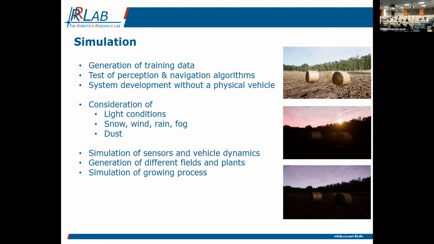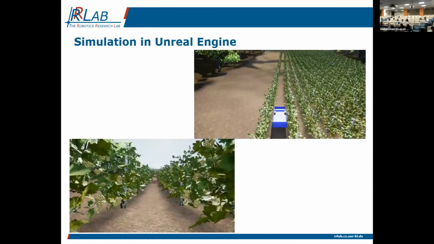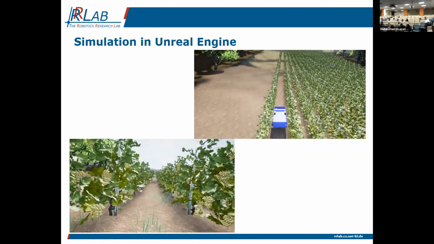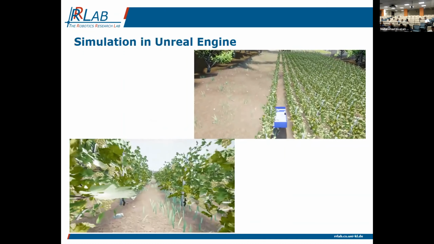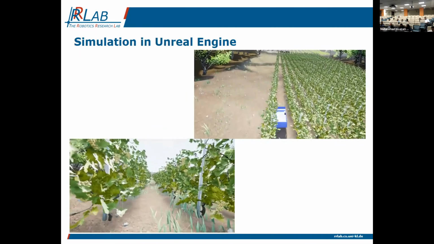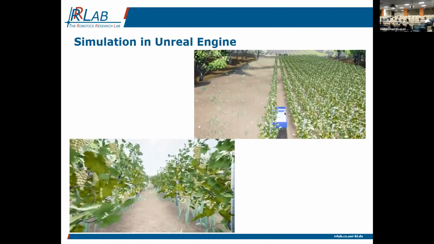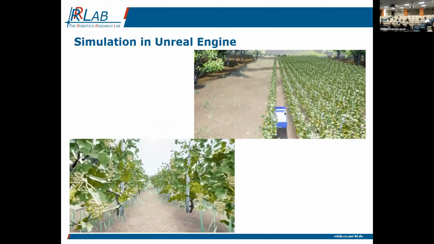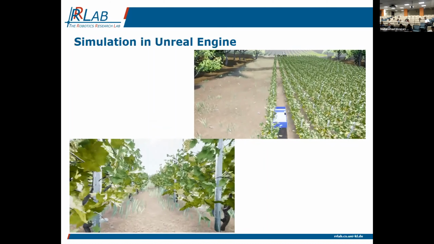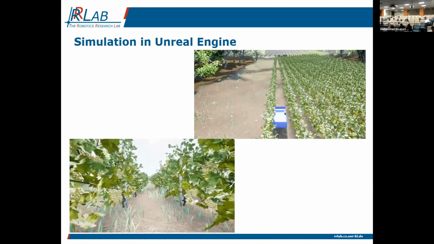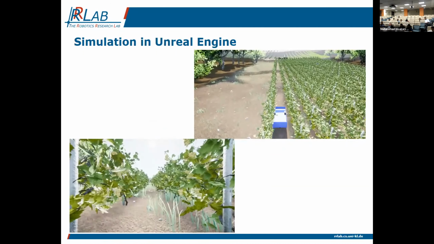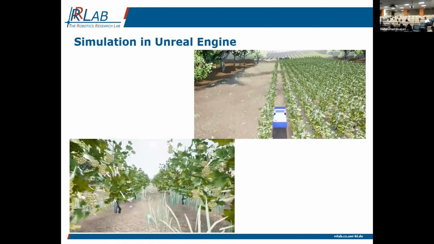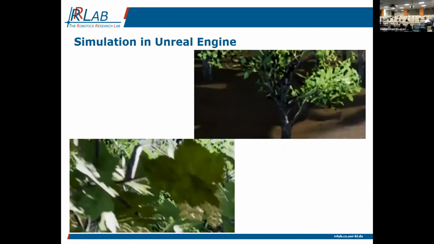So we start in parallel with the simulation, and here we have two short videos of the simulation, where you can see the grades and the rough environment. And in the upper right picture, you see the really first rough kinematic concept of the tractor.